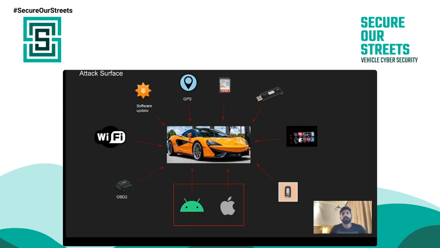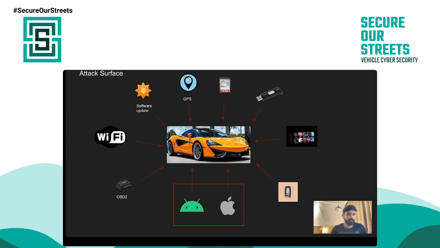But like everything, for a pen tester or security analyst, and I mostly work in application security, we have an attack surface. For example, the login page and registration page are some of the critical places where we check for vulnerabilities. Similarly, in a car, we can break down the attack surface like this.